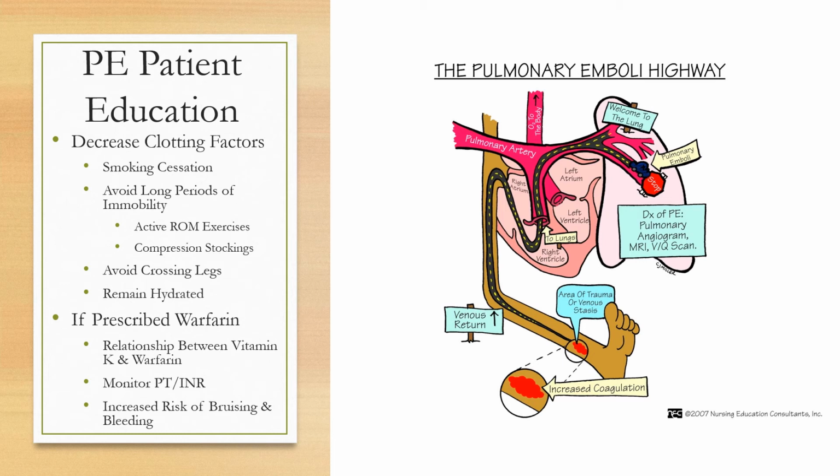Okay, so patient education, so decreased clotting risk. How can we decrease the clotting risk? Well, smoking thickens the blood, right? So education about quitting smoking and potentially treatment for quitting smoking. Avoiding prolonged periods of immobility.